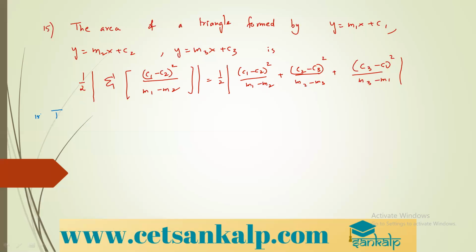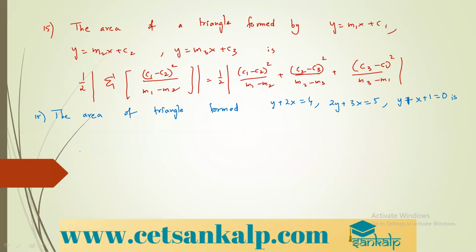So when you apply this in the question, like 15th question, you have to find area of triangle formed by the sides y plus 2x equal to 4, 2y plus 3x equal to 5, and y plus x plus 1 equal to 0.